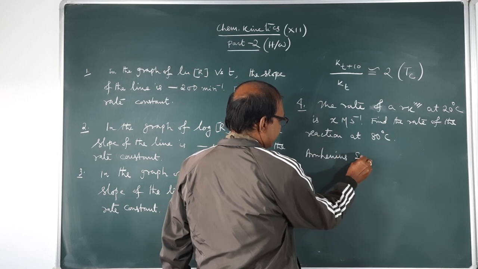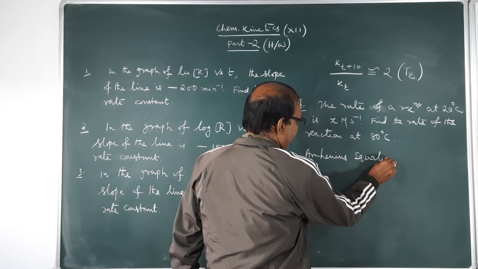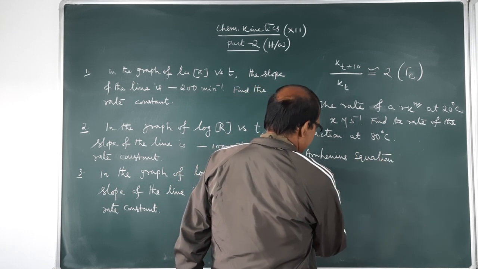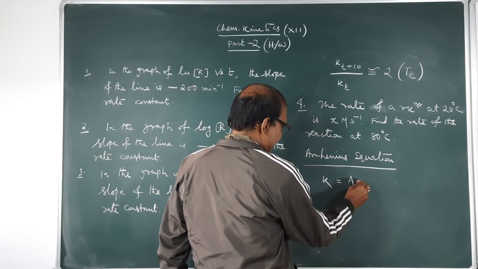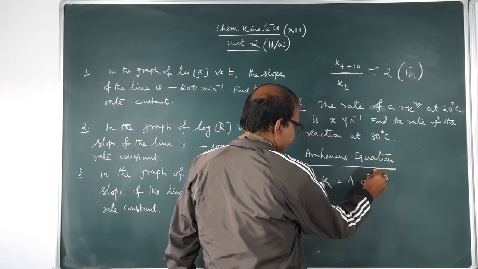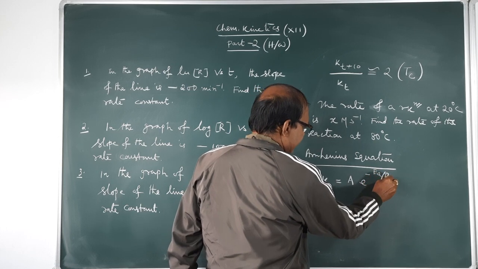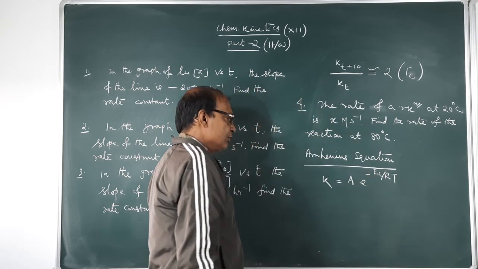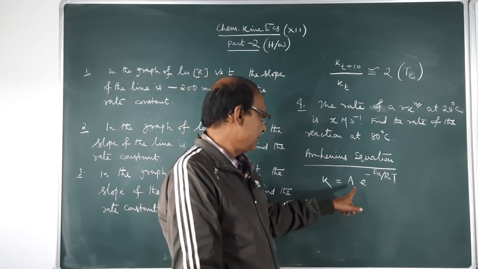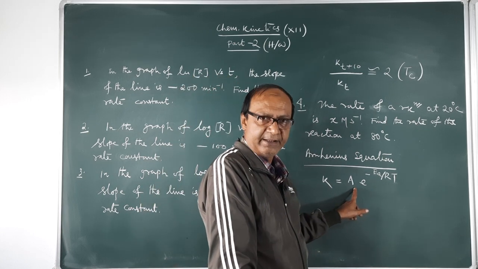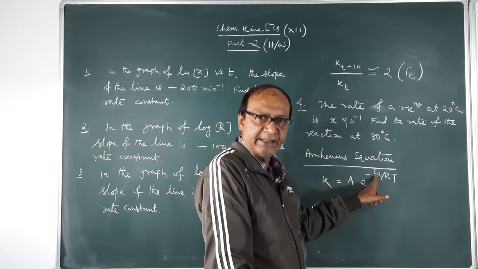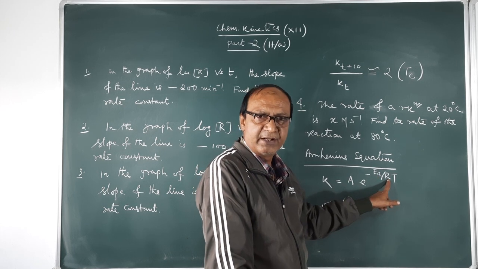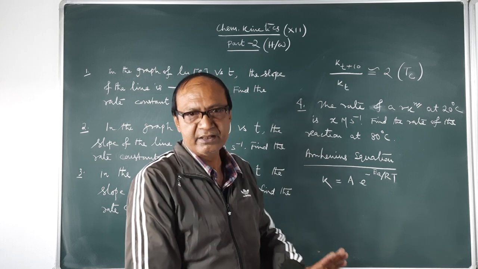The crude form, the original form, is K equals A into e to the power minus EA by RT. As you know, K is the rate constant, A is the Arrhenius constant or Arrhenius factor, and EA is the energy of activation of the reaction, R is the gas constant, T is the temperature in Kelvin scale.